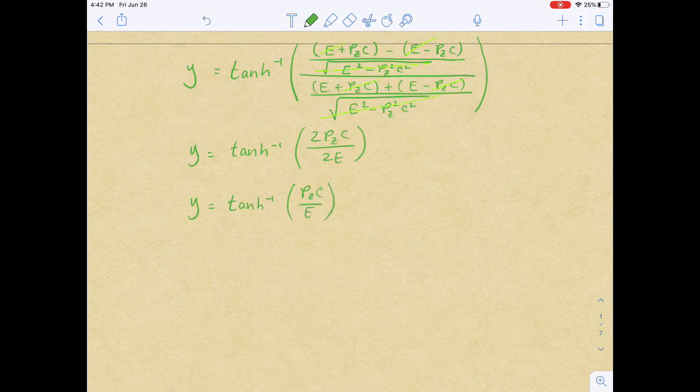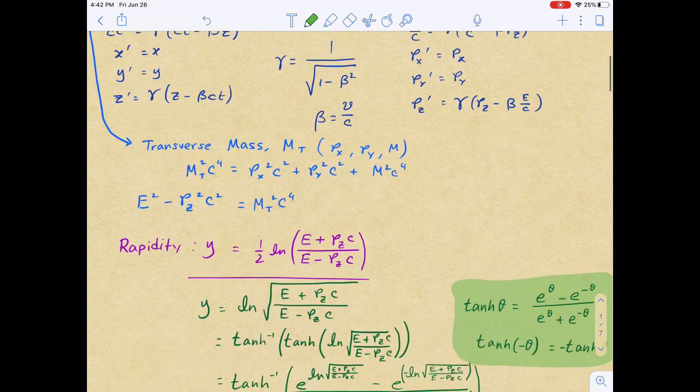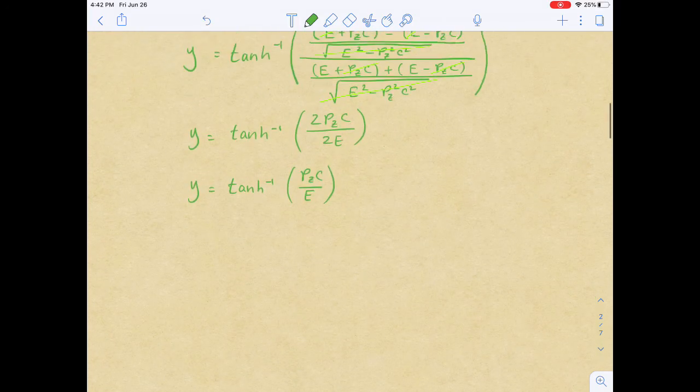So this is another expression for the same rapidity which we had seen a few minutes ago, as here. We have that entire 1/2 natural log term, and we still have the same expression. We still have pzc. Nothing changed. We still have e. It's just we have it in terms of the inverse tangent hyperbolic function. So it's nice.